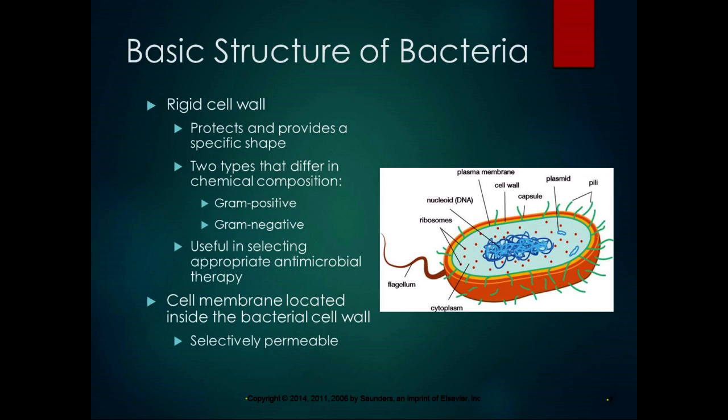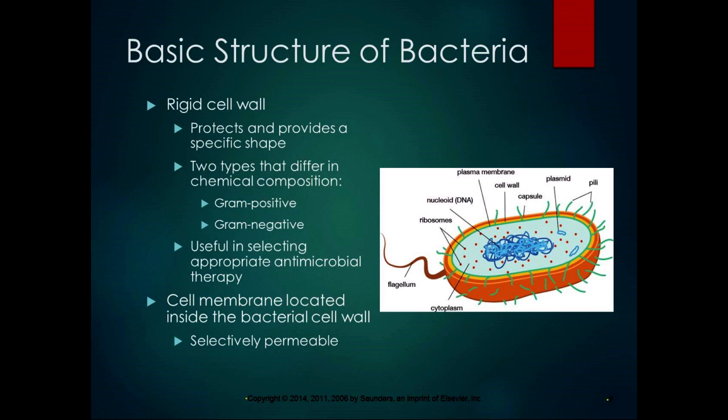It's useful in selecting appropriate antimicrobial therapy because gram-positive organisms are susceptible to antibiotics that don't kill gram-negative organisms, and vice versa. The cell membrane is located inside of the cell wall, and it's selectively permeable. Just like our cells, bacterial cells also have selectively permeable membranes. We have a nucleus holding our DNA, but bacteria's DNA is just kind of hanging out in the middle there, and there are a bunch of ribosomes floating around in the cytoplasm, turning the DNA into proteins.